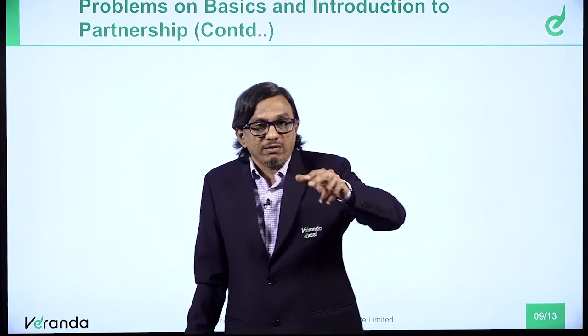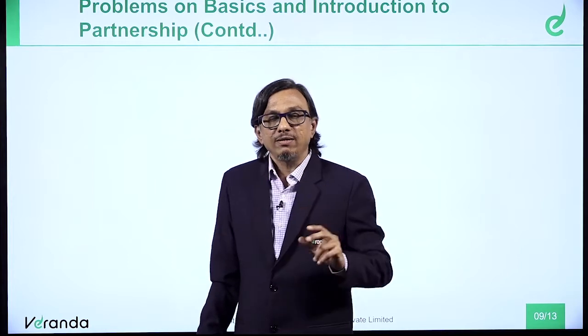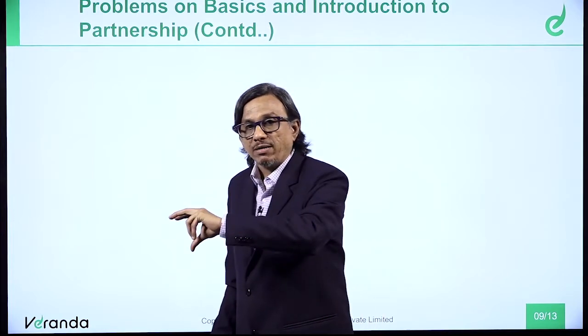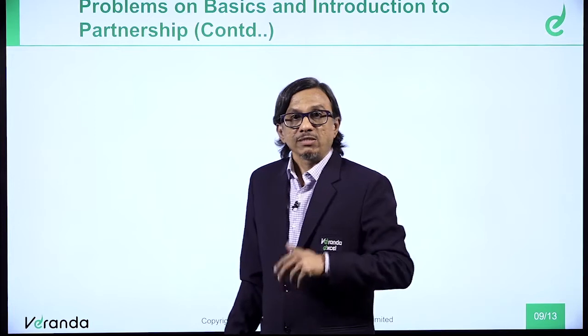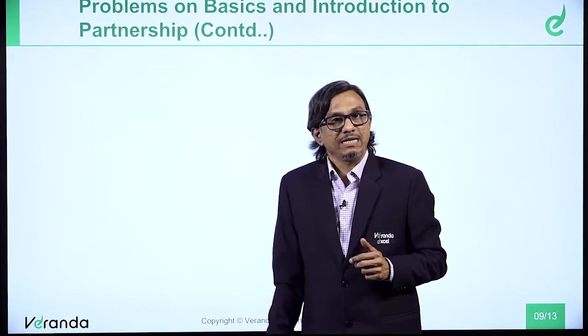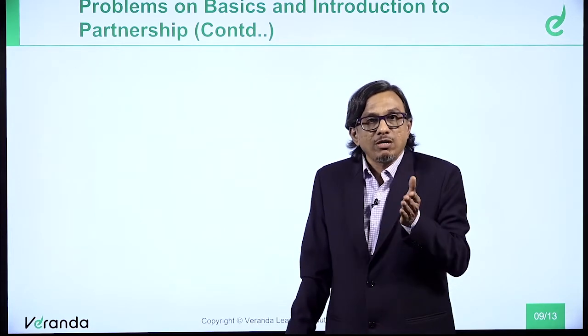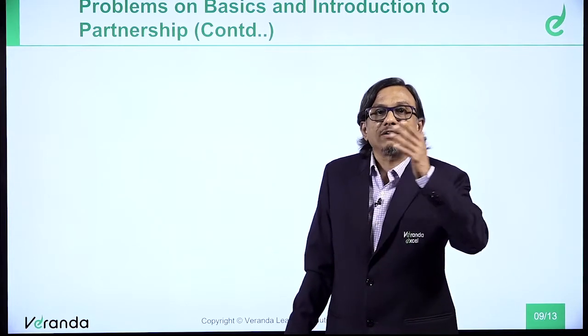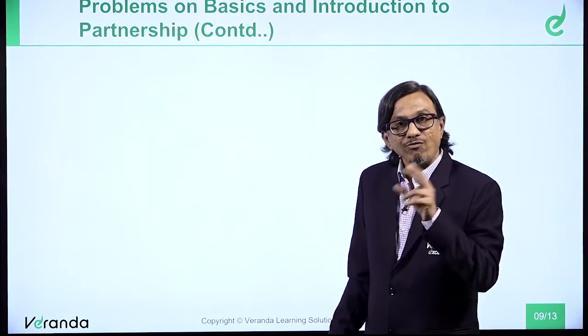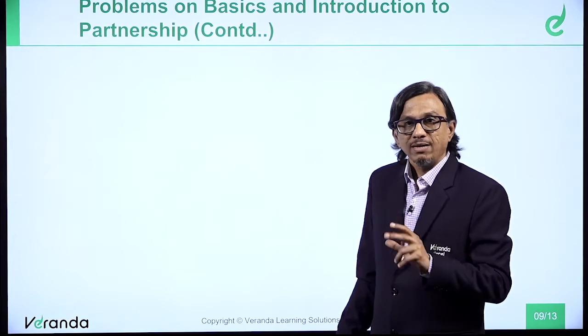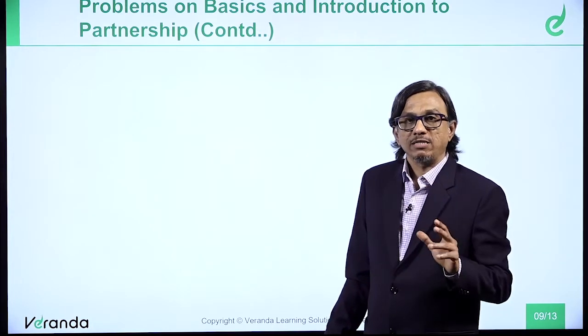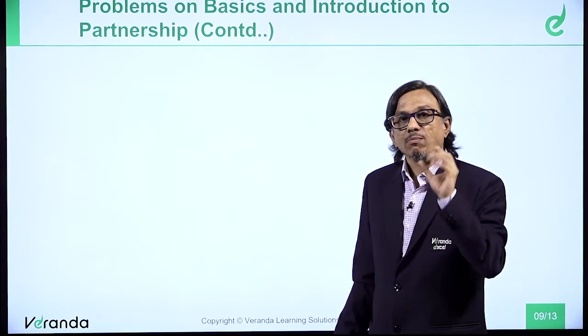So, from this partner's capital account, you have to transfer the deficiency to the guaranteed partner's capital account. Sometimes the problem will tell you the guarantee is given by the other partners, but not in the mutual ratio, but in a certain other ratio. In that case, we have to find out what is the deficiency, and that shall be borne by the other partners in the given ratio in the problem.